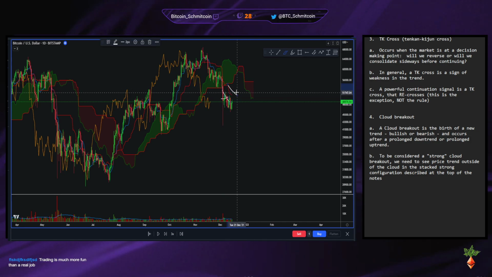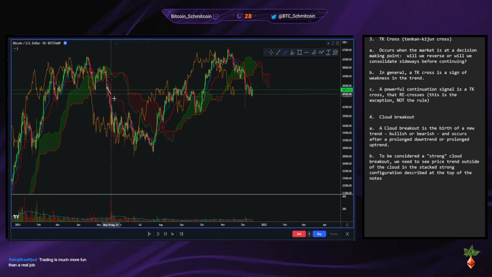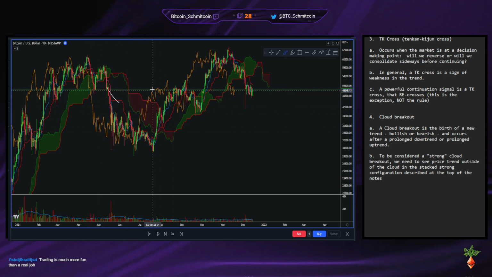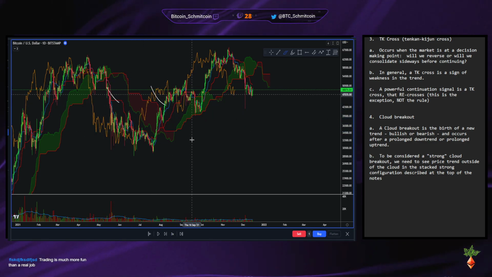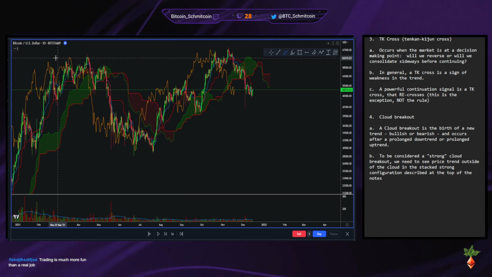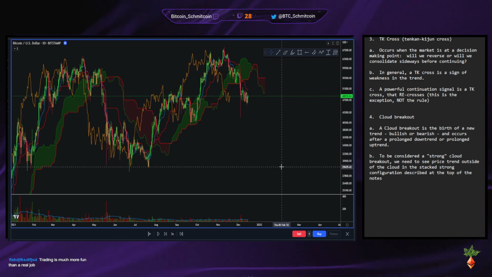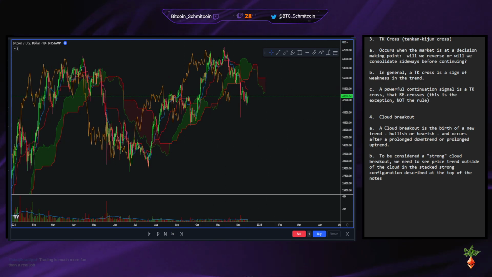You see our stacked configuration. This is a cloud breakout. There's another one, stacked configuration, cloud breakout, vice versa. So yeah, that's cloud breakouts for you.